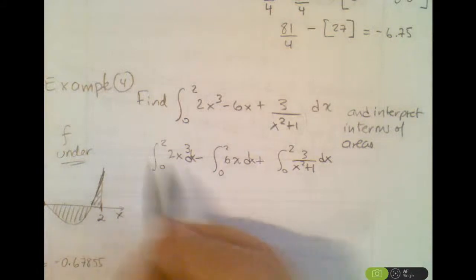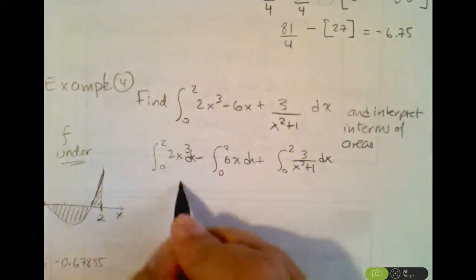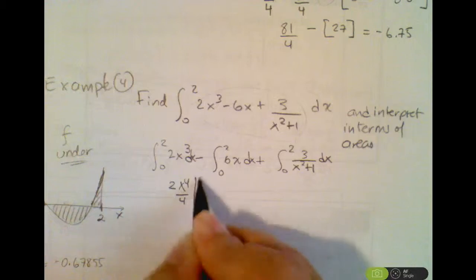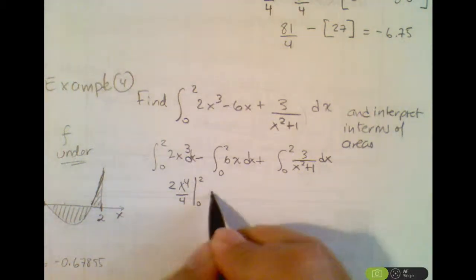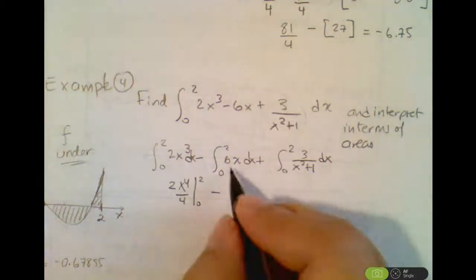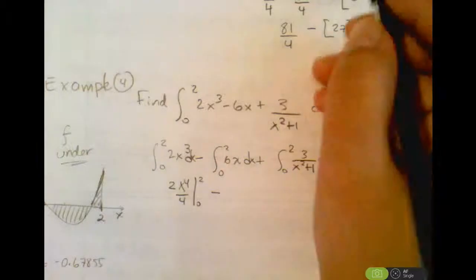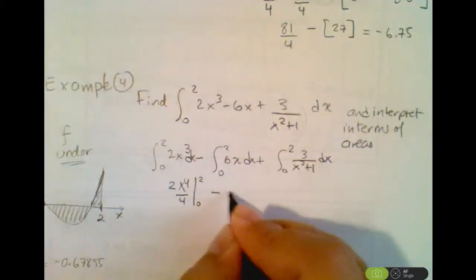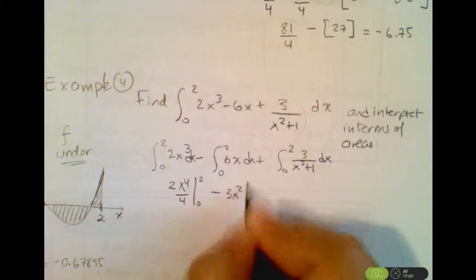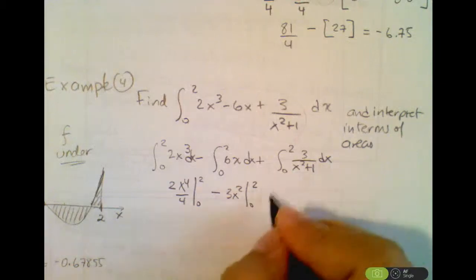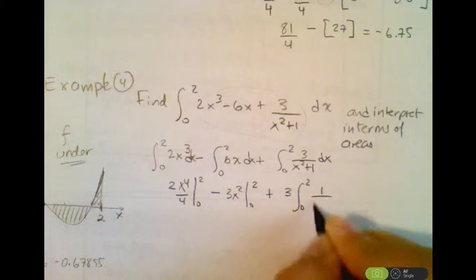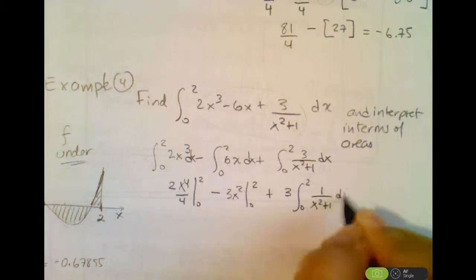The 2 can come in front, so the integral of x cubed is x to the 4th over 4 evaluated between 0 and 2, minus, again I have the integral over here on the previous step, so I know that that's 3x squared, 3x squared between 0 and 2, plus 3 from 0 to 2 of 1 over x squared plus 1 dx.